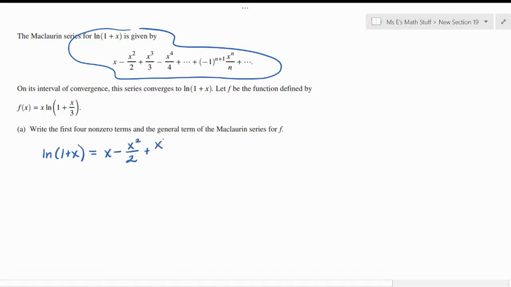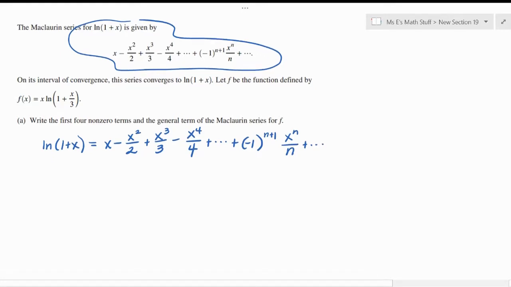And notice that they gave us the first three non-zero terms. And the general term.